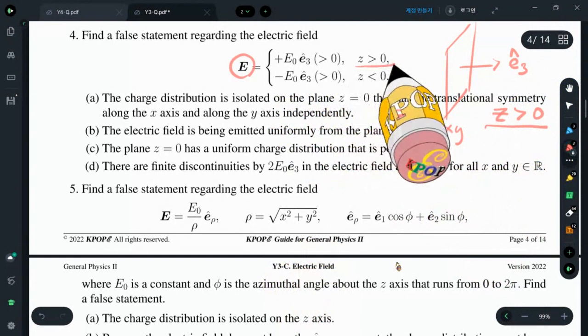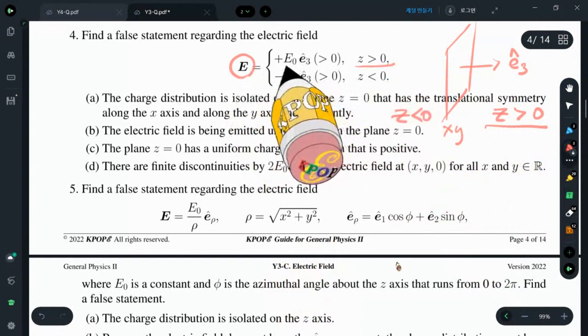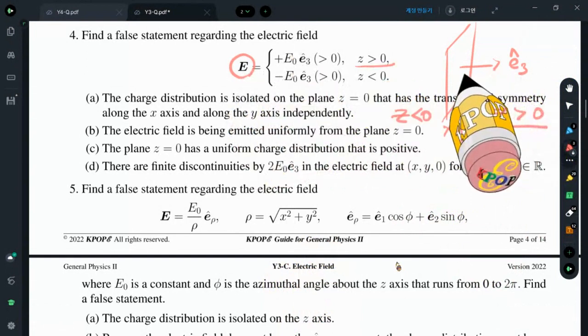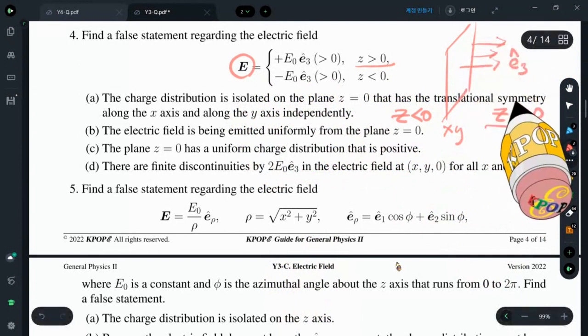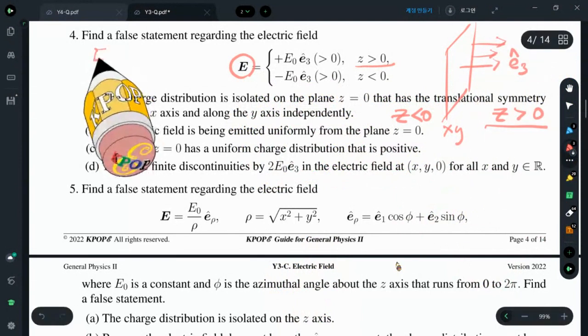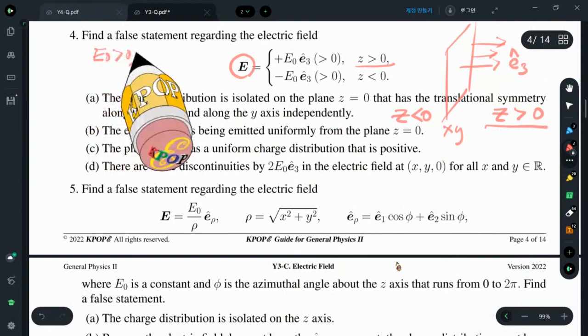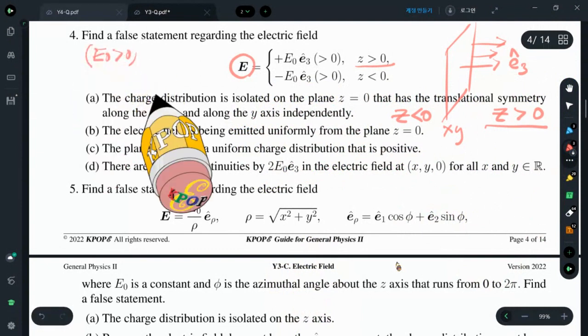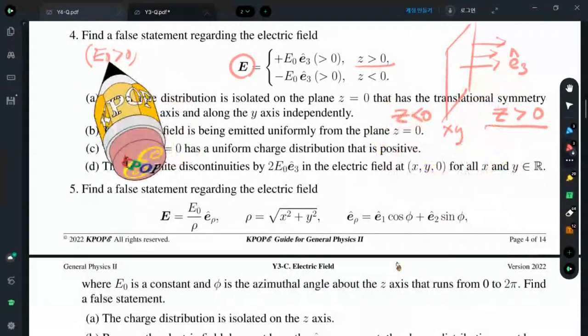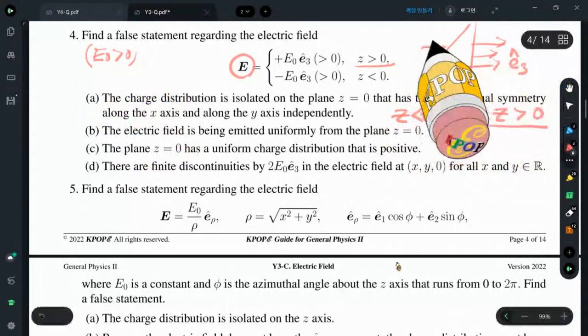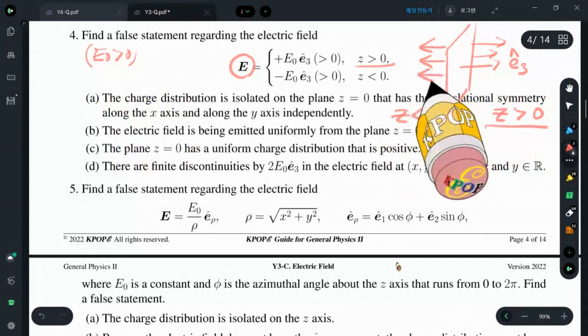When z is positive, the electric field is parallel to E3. So we expect that E is positive. If E0 is positive, the electric field is like that.